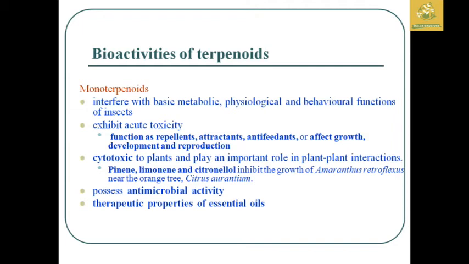So the terpene compound citrusol inhibits the growth of amaranthus when it is placed near orange trees. They also possess antimicrobial activity. So the therapeutic properties of essential oils are said to be obtained from terpenoids of the plants.